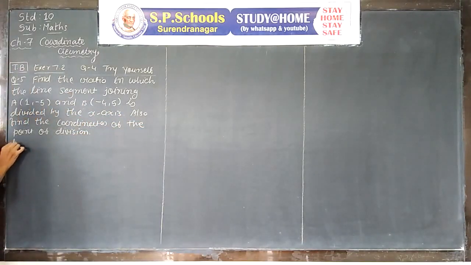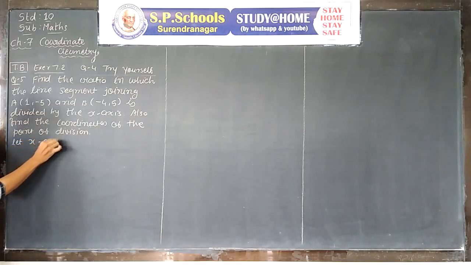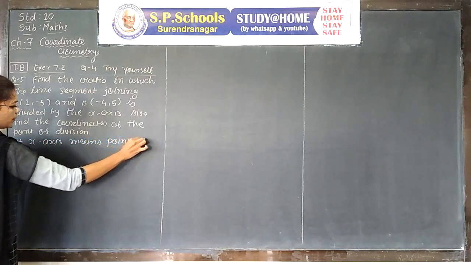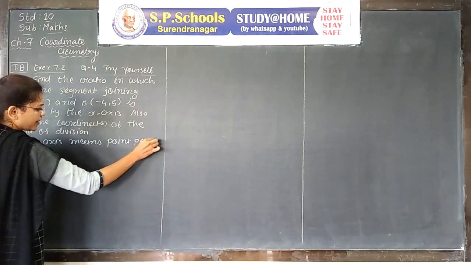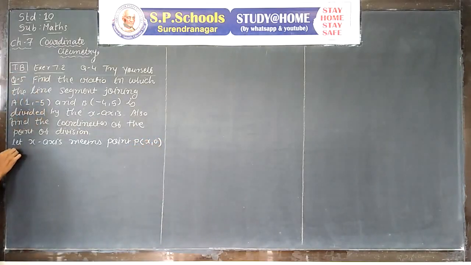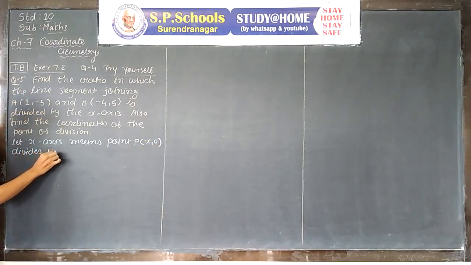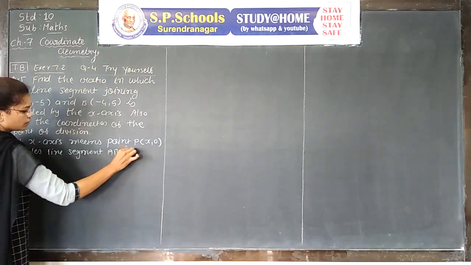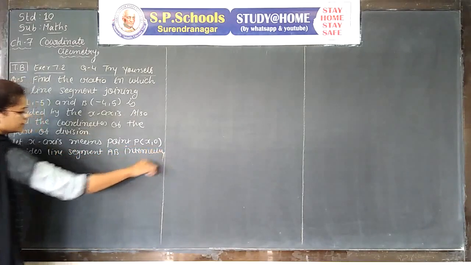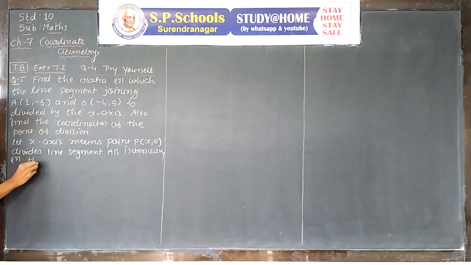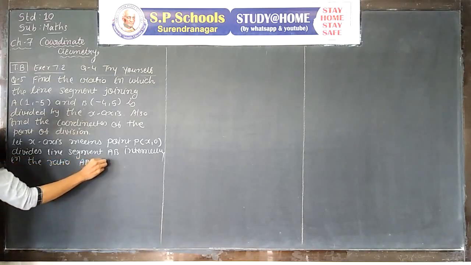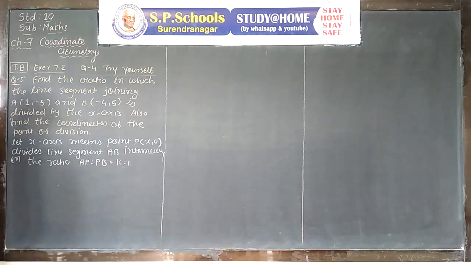First of all, let the point on the x-axis be P. We know on the x-axis the y coordinate is 0, so P(x, 0) divides line segment AB internally in the ratio AP:PB. We don't know the ratio, so take it as k:1.